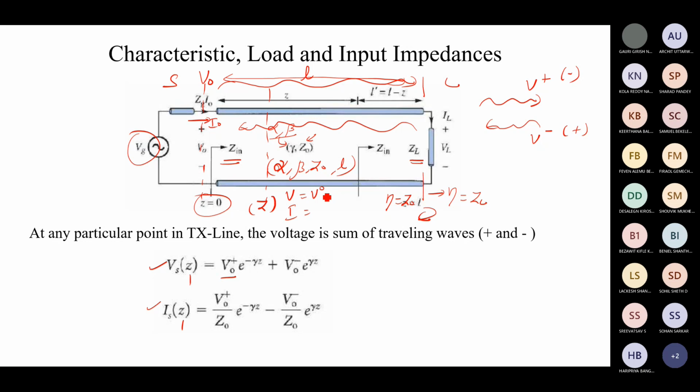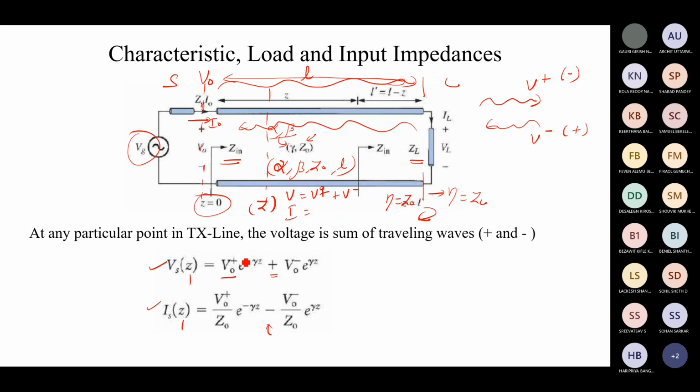You have to add the incident component and the reflected component. You are adding because for voltage there is no polarity, but in case of current, they are actually a forward-going current and a reverse-going current, which will clearly show the difference. So it is nothing but the difference between them. So this is the very fundamental equation which describes everything else.